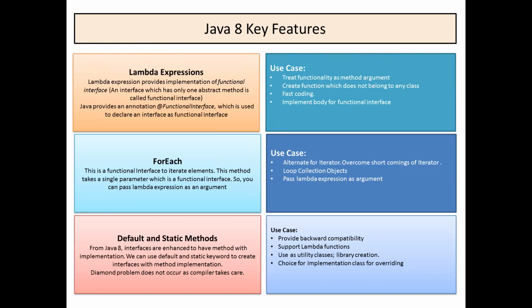That drawback is overcome using forEach. forEach gives a better way of looping over collection objects compared to the iterator, and it is very easy to code. It also overcomes the concurrent modification exception that the iterator throws if multiple threads try to access the iterator object at a given point of time.